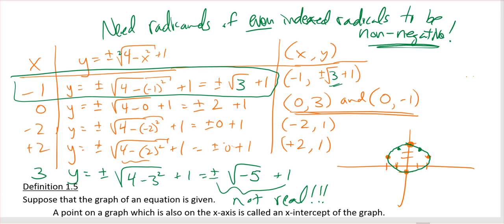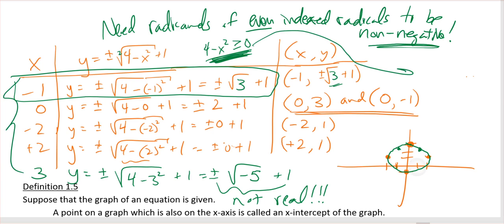So in particular here, we need the radicand 4 minus x squared to be non-negative, so greater than or equal to 0. So any x value we choose must satisfy this, and that's kind of how we can start choosing what we want. So maybe we could take this one more step.